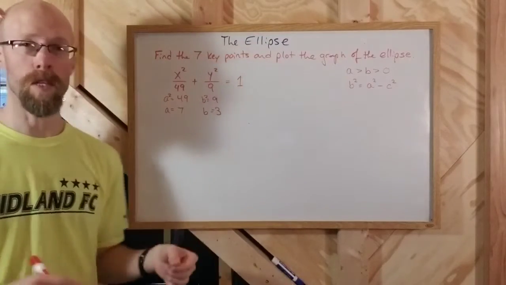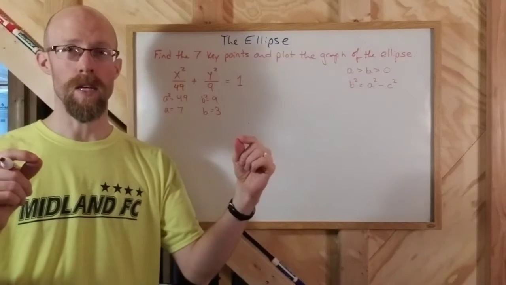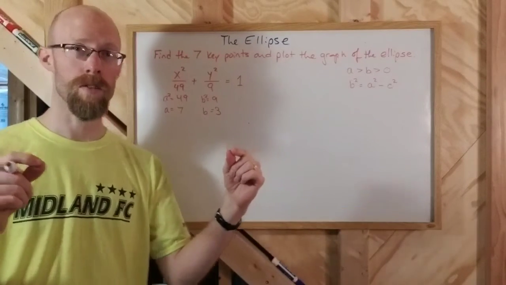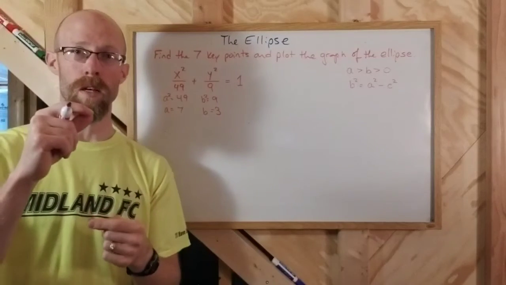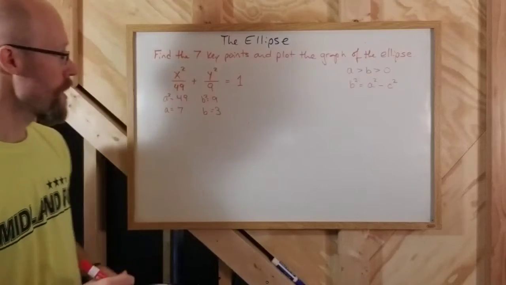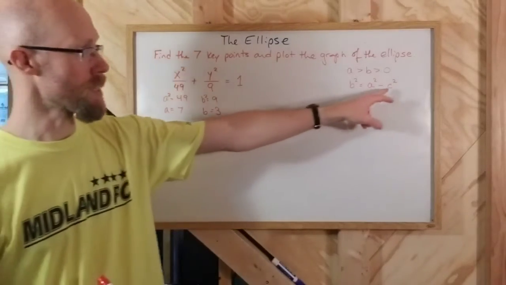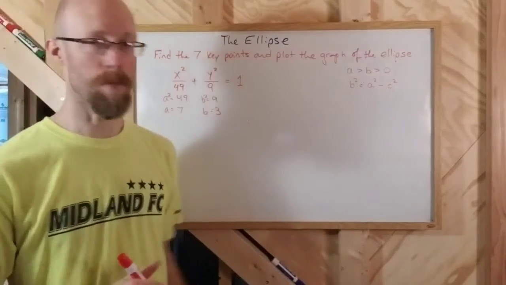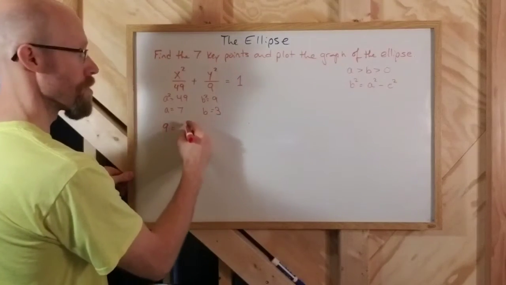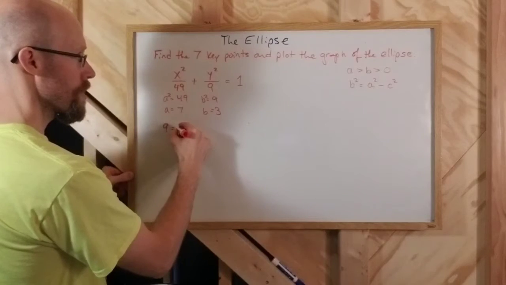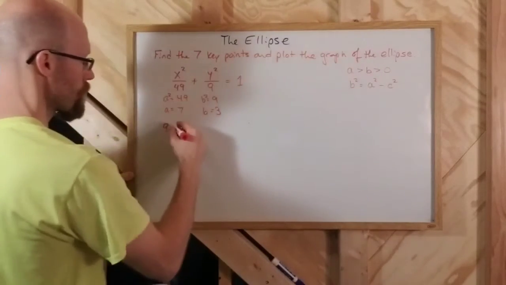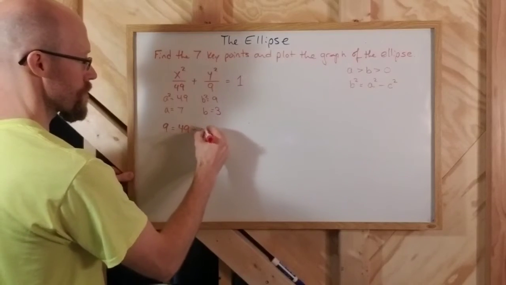Now a gives me the location of the vertices, which are the points on either end of the major axis, and the b value gives me the location of the points on either end of the minor axis. In addition to that, I can find the c value using this formula. I just plug in my values, so b squared is 9, equals a squared, which is 49, minus c squared.